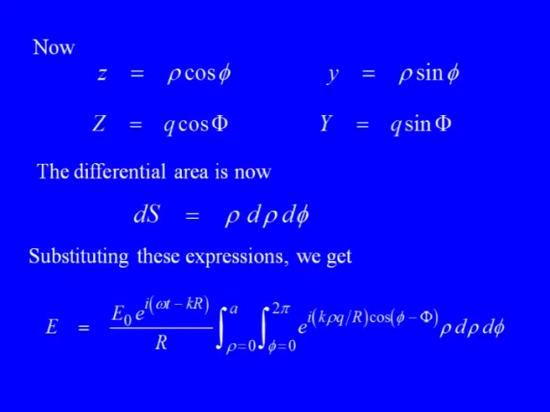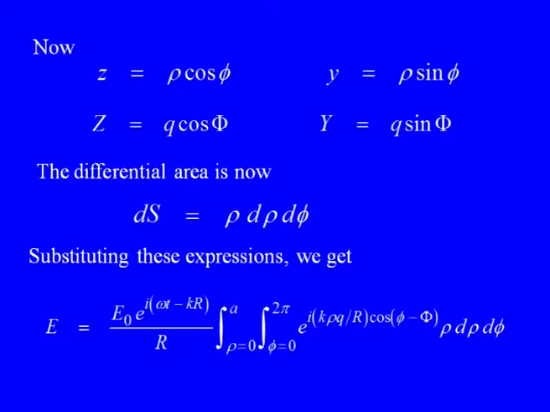To be integrated now over rho, the range is 0 to a, where a is the radius of the aperture, and over phi making one complete round. So, phi varies from 0 to 2 pi. The integrand is e raised to the power i k rho Q divided by R, and whole of this factor times cos of phi minus capital Phi, rho d phi.